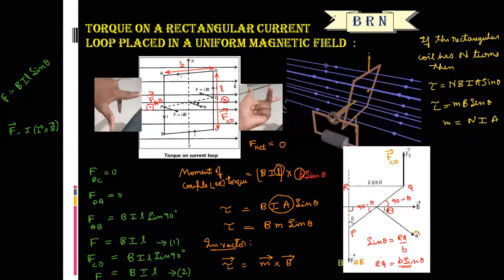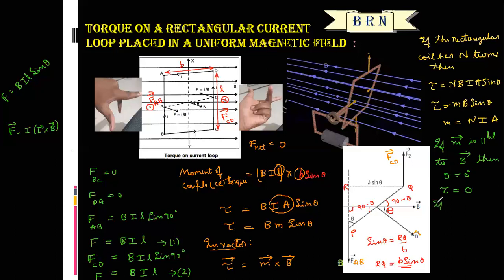Okay. So when is the torque acting on the current loop maximum and minimum? That is also very important. If the m vector is parallel to the B vector, then theta is equal to 0 degrees, and the torque acting on the current carrying loop is 0.